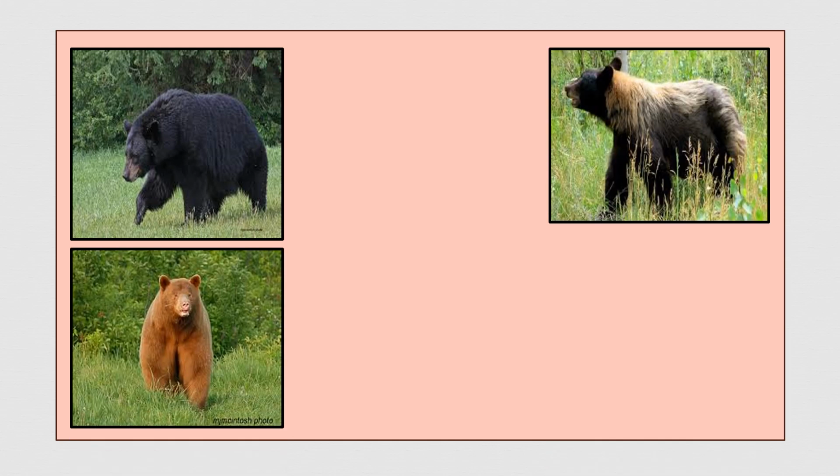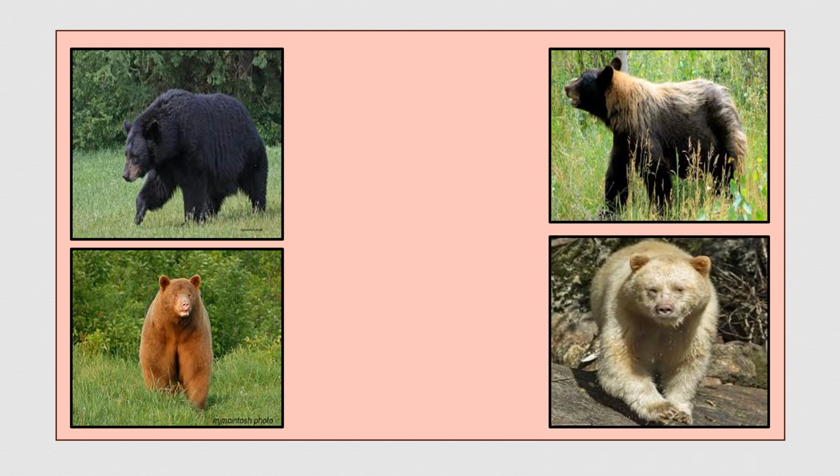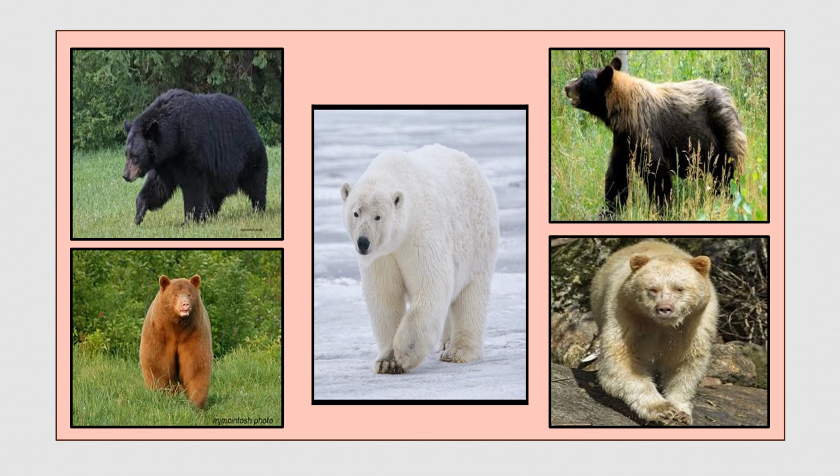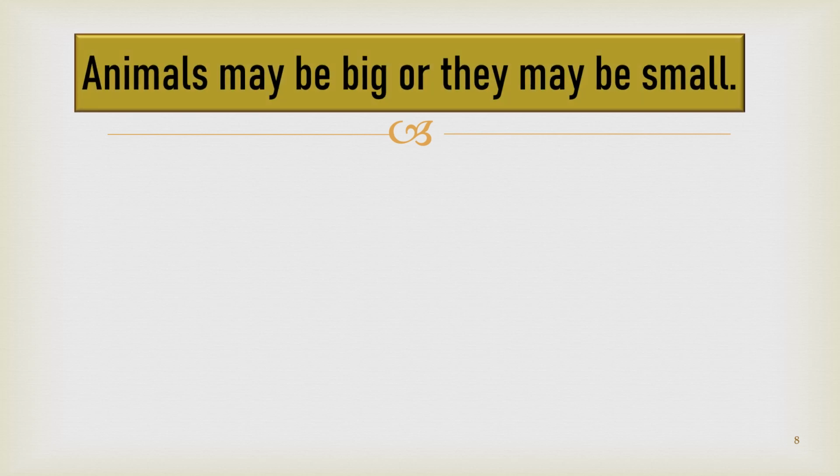Now observe these pictures of bears. Have you noticed once again that same kind of animals can have different colors? Animals not only have a variety of colors but they also have different sizes.